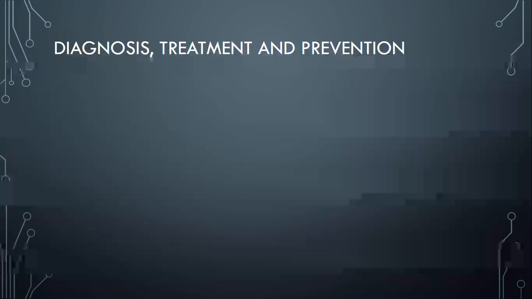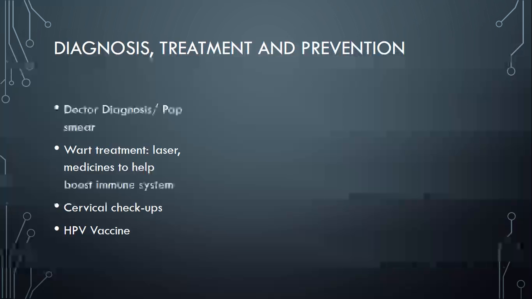Diagnosis, treatment, and prevention. So earlier we went over the visual diagnosis and the pap smear testing. The doctor will probably visually diagnose you if you have lesions of the genital area or anywhere on the body. Women can get a pap smear to test for abnormal cell division. When you hear abnormal pap smear or something.